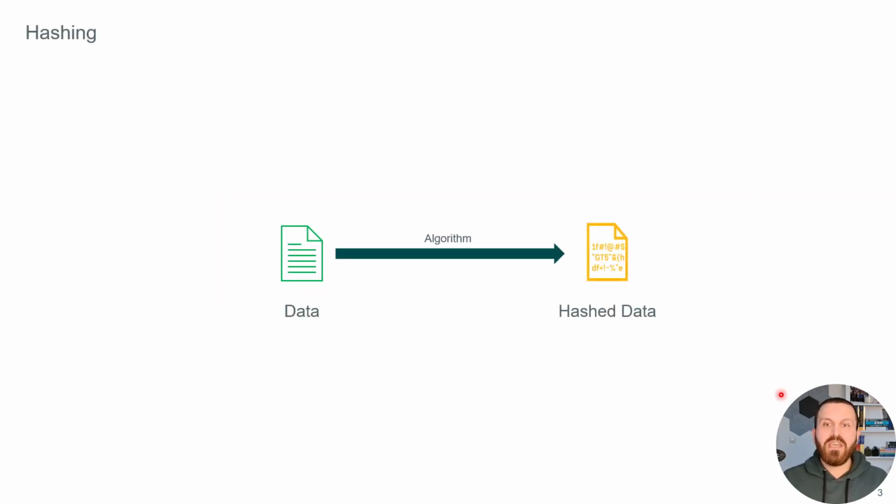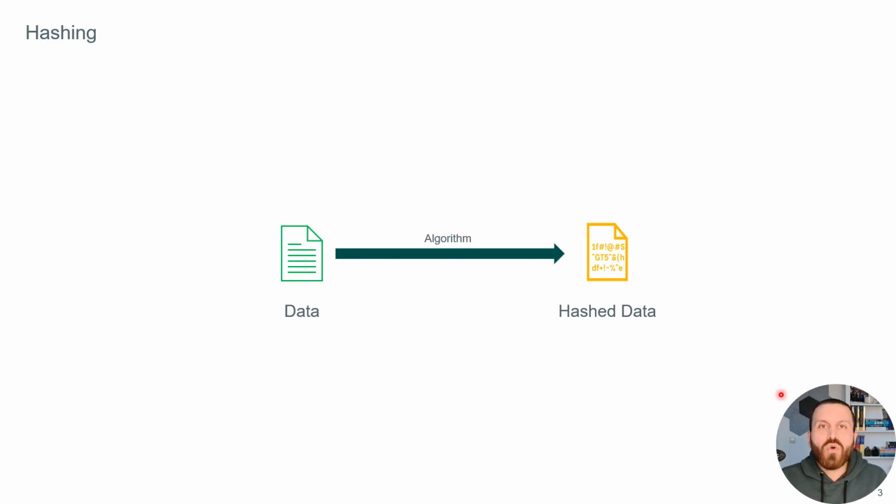For hashing, using an algorithm, we just create a hash, or hash data, out of the data that we have. You cannot revert it. It is a one-way algorithm.